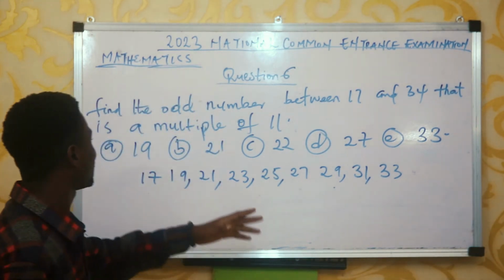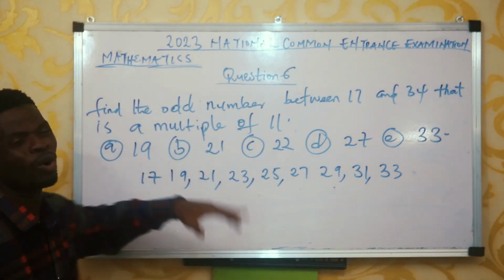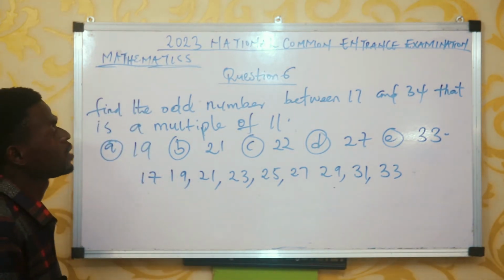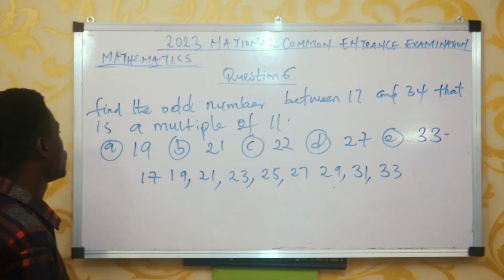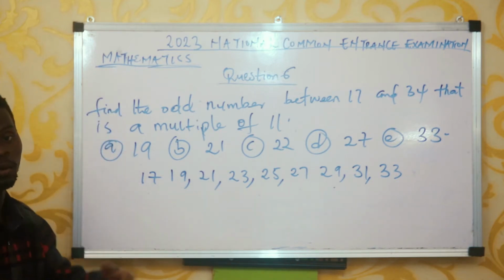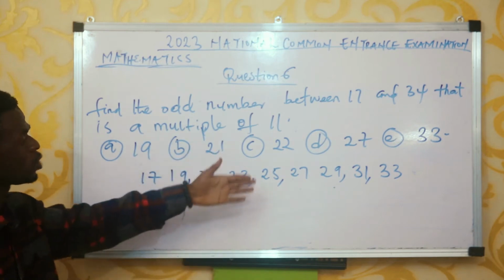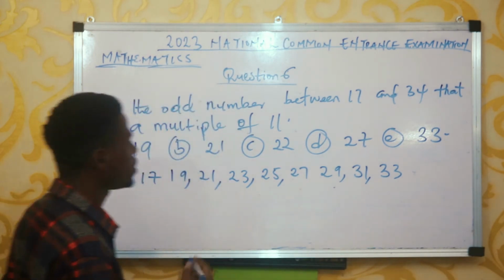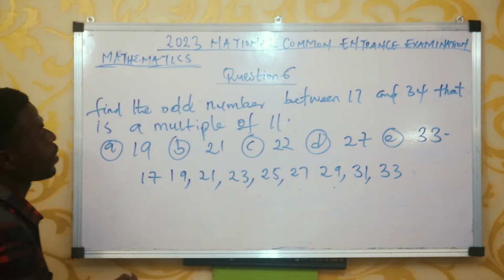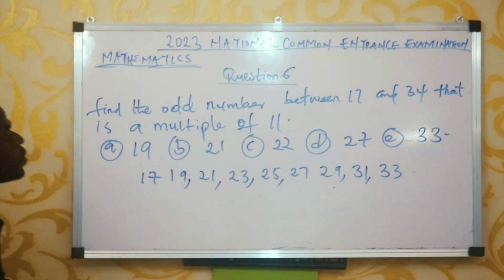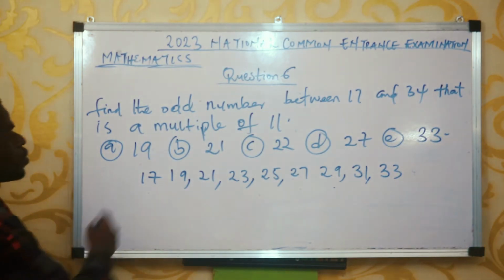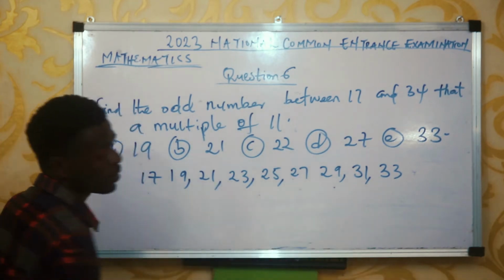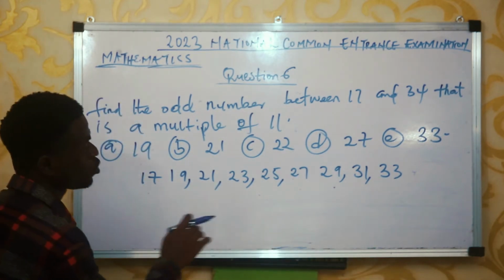They now say it is a multiple of 11. From the options here, we have A is 19, B is 21, C is 22, D is 27, E is 33. So what is the odd number that is a multiple of 11 among the odd numbers written down between 17 and 34?